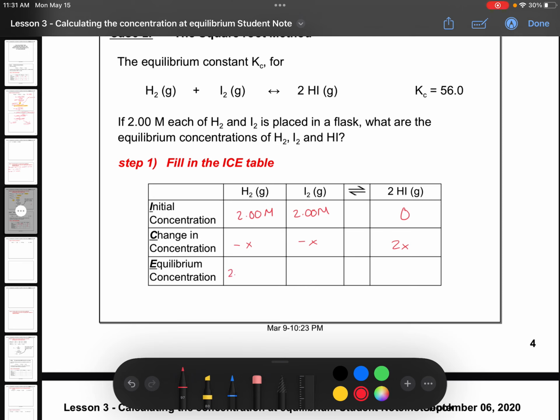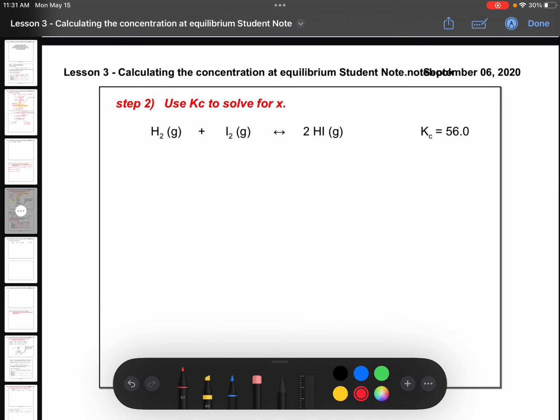We don't know our products, but we know our ratio. So we have negative x, and then 2x. Which means we're going to have 2.00 minus x, 2.00 minus x, and then we'll have 2x. So the ICE table is now filled in.